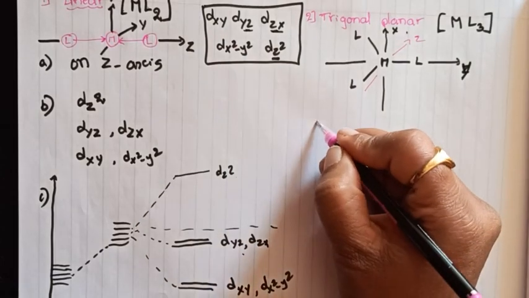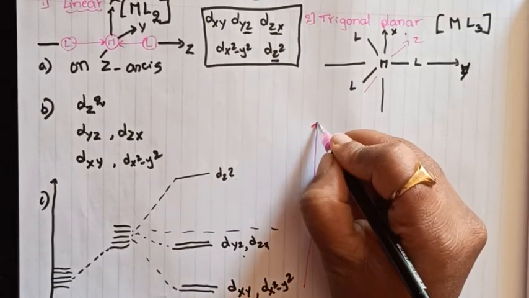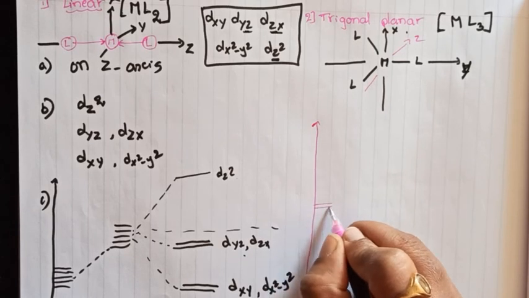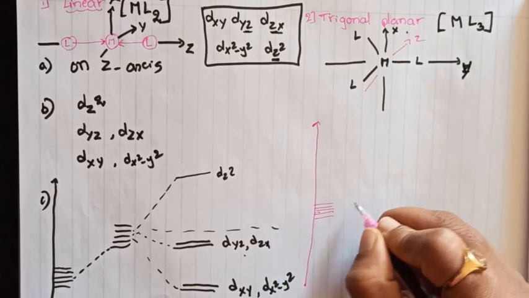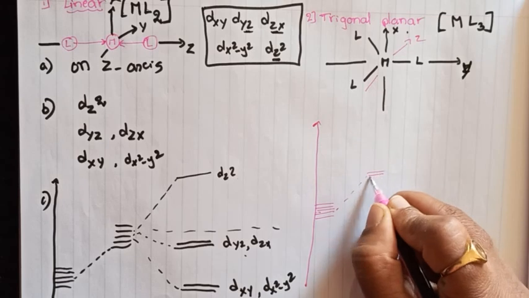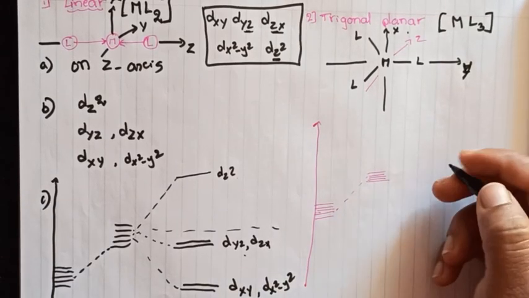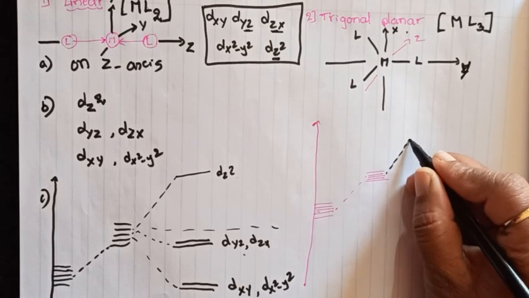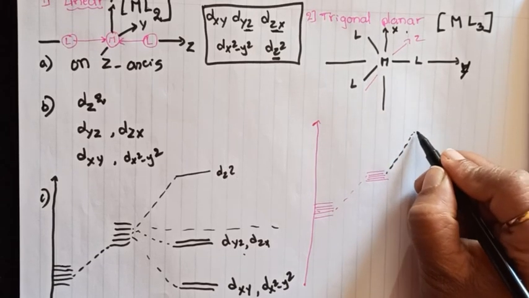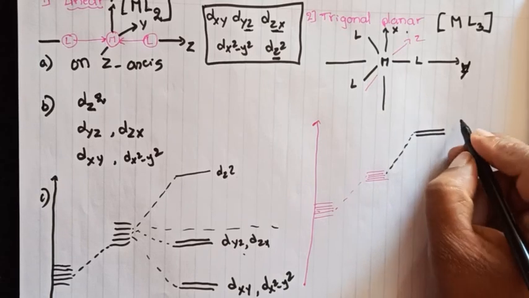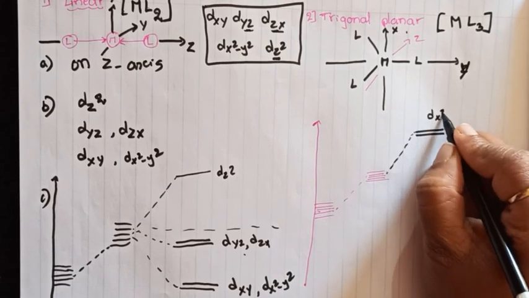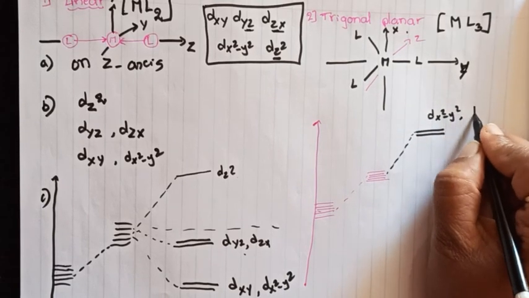So let's see the splitting. These are the 5 degenerate d orbitals of the metal, and in the presence of a spherical field, it undergoes splitting into 3 different energy levels. A doubly degenerate level: dx square y square and dxy.